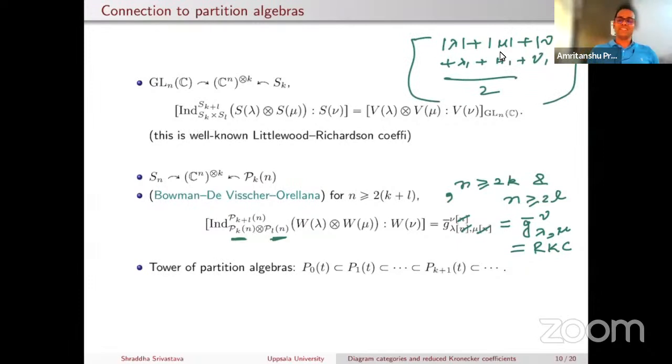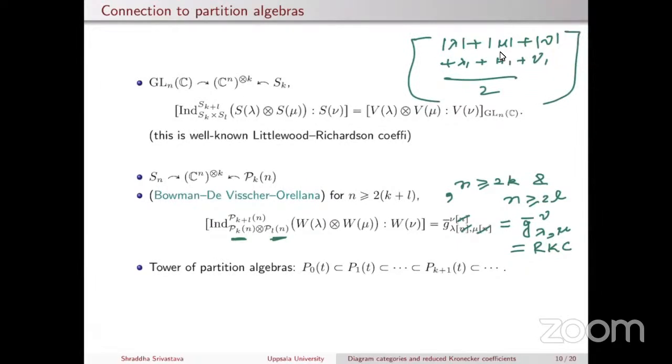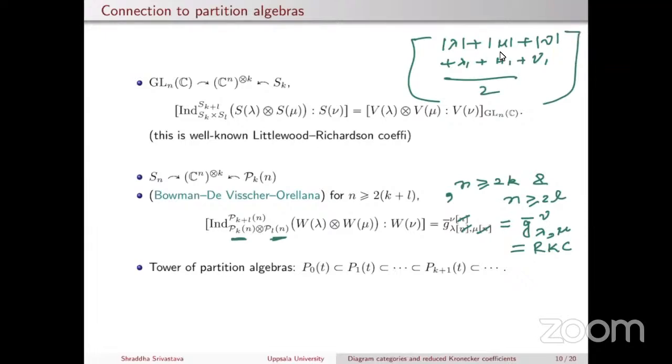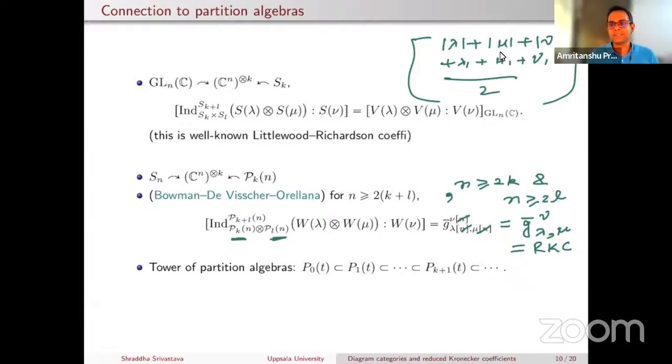I thought it was the sum of the two partitions plus the first part of the third partition, like mod lambda plus mod mu plus mu 1. Oh, plus lambda 1 only. I'll check. So there should be a sharpest case. Many places just give some bound, right? Yes, it is just a bound. I'm not saying this is the sharp bound. Anyway, we can discuss this at some other time.